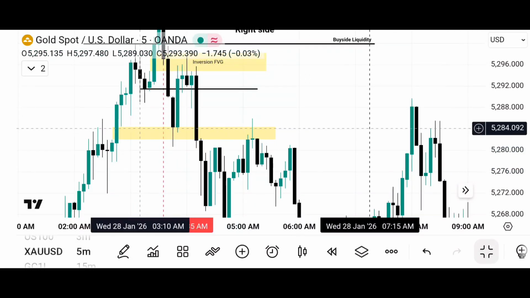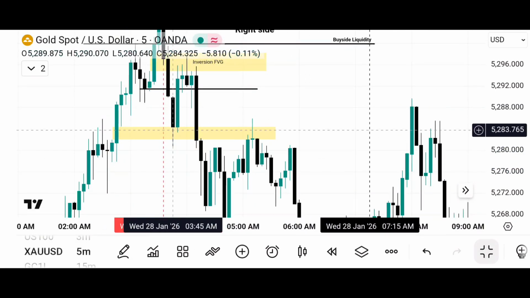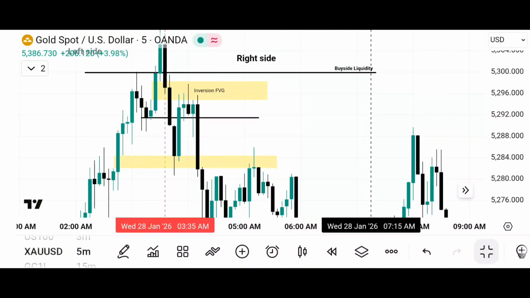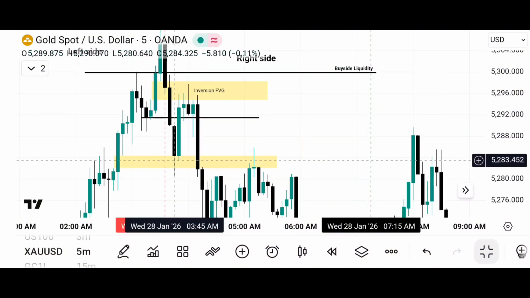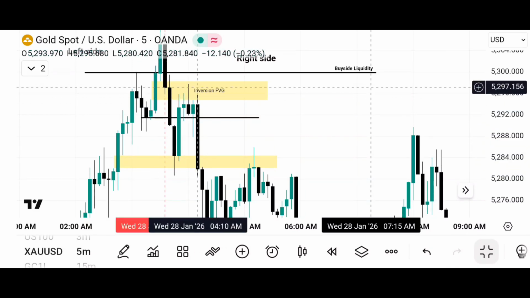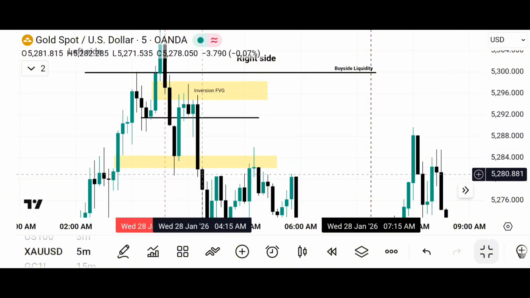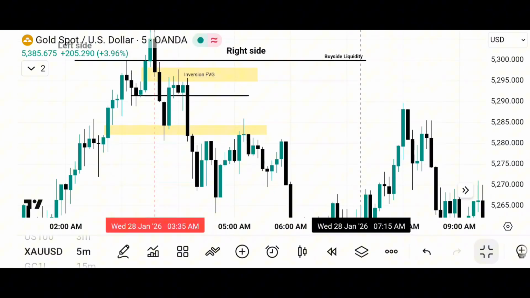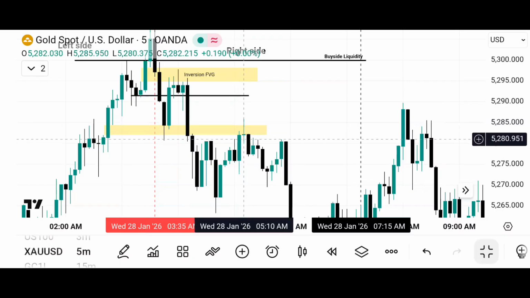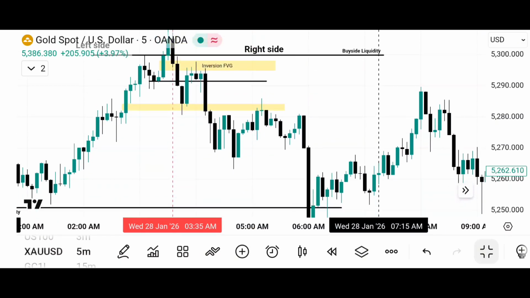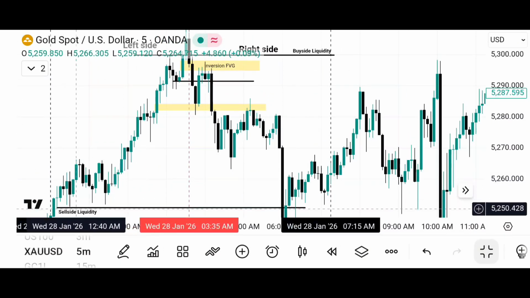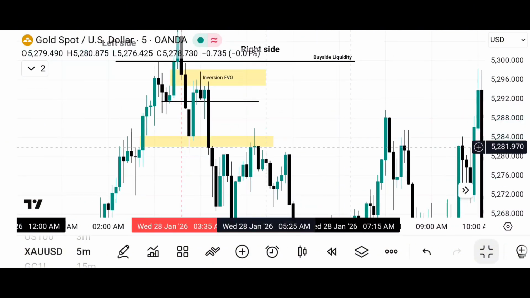So this is also an inversion fair value gap, and as you can see, price respects it at this level, whereby price dropped down into it to trade up to this one, makes use of this as an inversion fair value gap, traded down below this one, and you can see price also makes use of this one as well, to rally down to sell side to take out these sell stops below these lows. So this also is an inversion fair value gap.